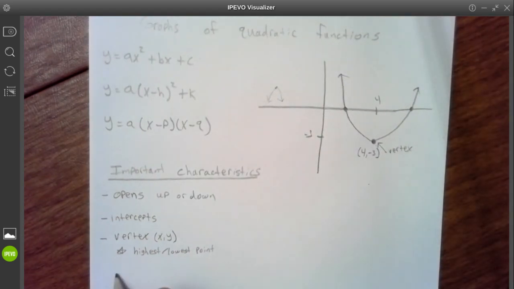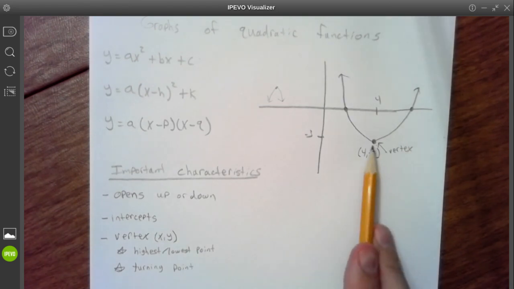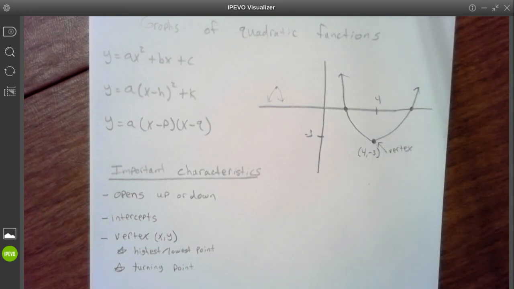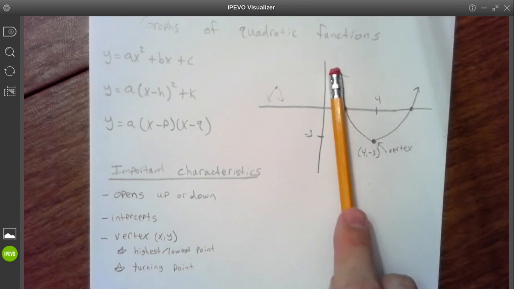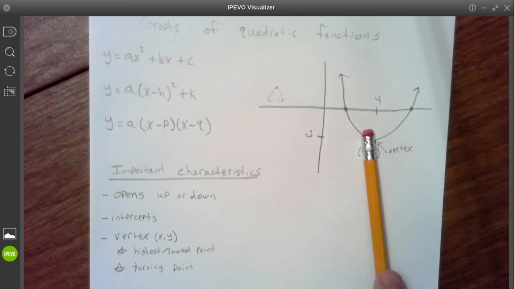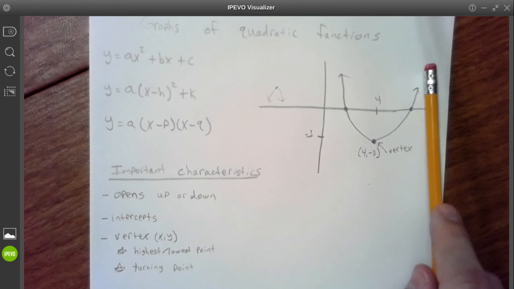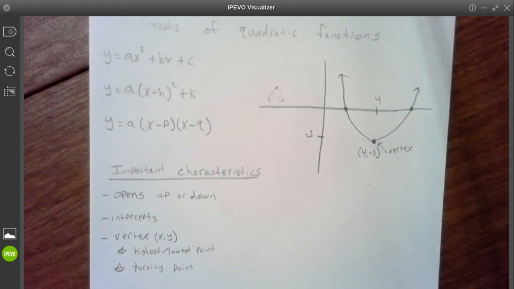You could also think of the vertex as the function's turning point. It's the point on the function where it changes direction. So here the function is decreasing until it gets to the vertex, until it gets to 4, and then it starts increasing after that. So it's the point where it switches direction.